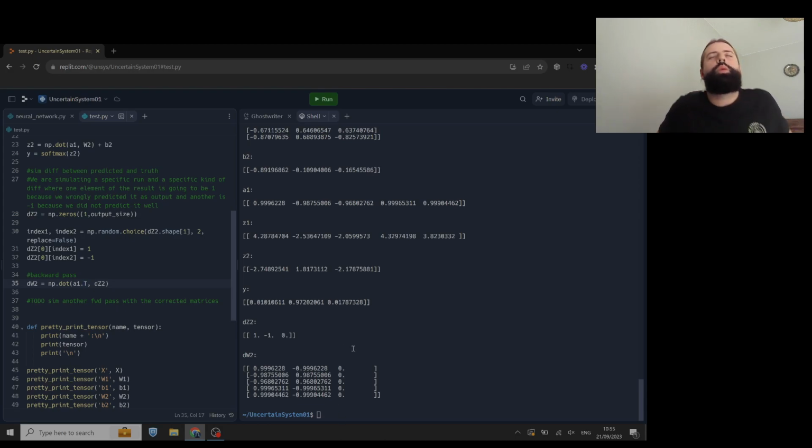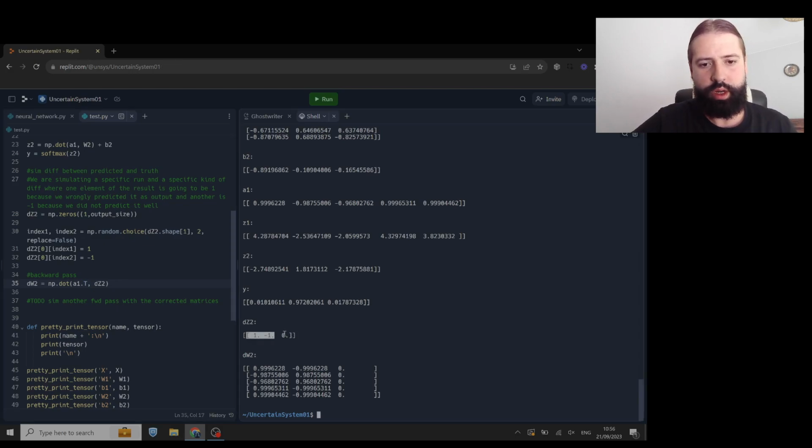Okay, I think I know what is happening. Let's go from the fact that what we need is something that transforms DW2 so that we're getting closer to zeros, right?